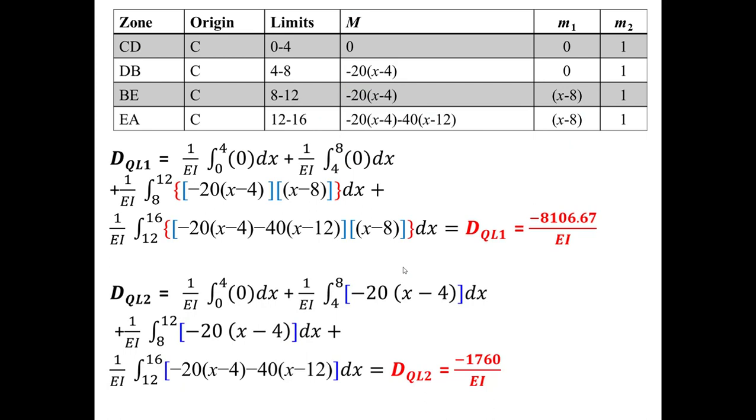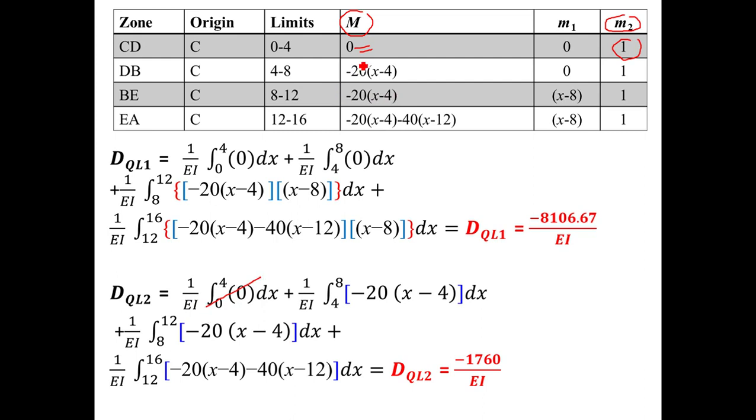Similarly, DQL2, the second element of the DQL vector, is the integration of capital M into M2. The first zone multiplication is again 0, because here the M column is 0 and M2 is 1. So 0 into 1 is 0, and the first zone is again 0.